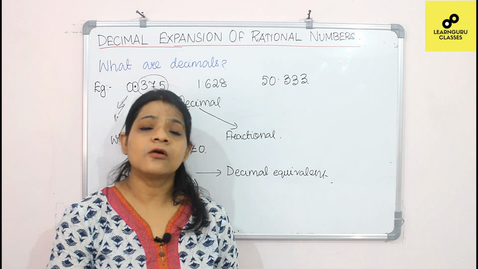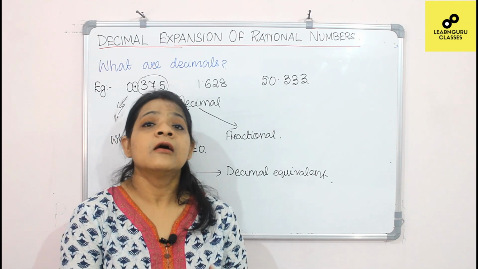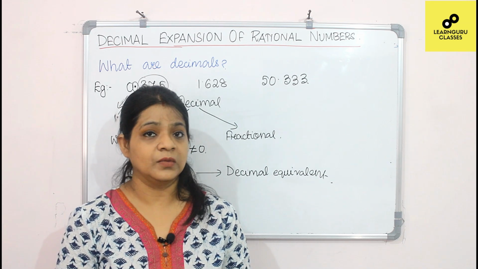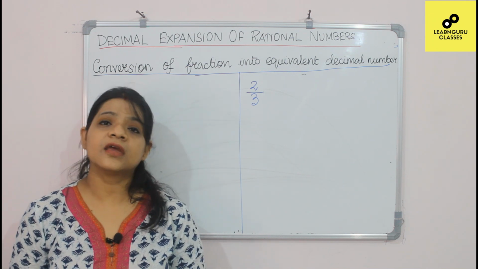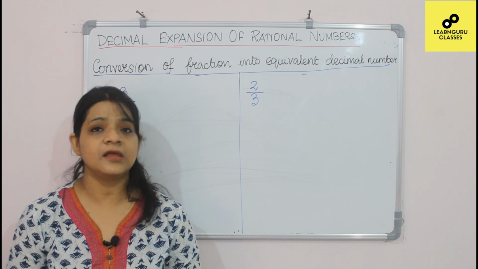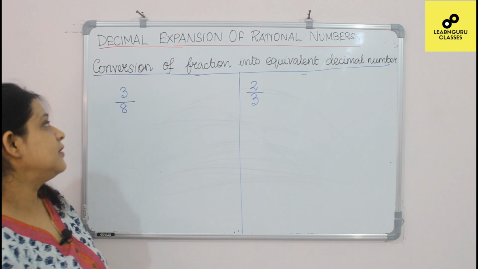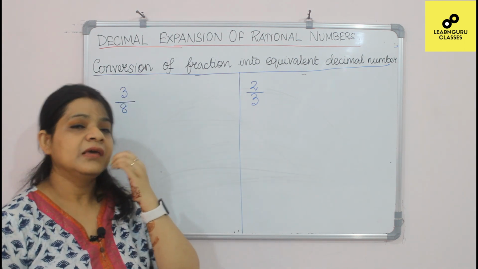The next topic of discussion is how we convert any fraction into its equivalent decimal number. Let's see how we can convert any fraction into its decimal expansion. These are the two fractions: 3 by 8 is a fraction which is a rational number, and 2 by 3 is also a fraction.